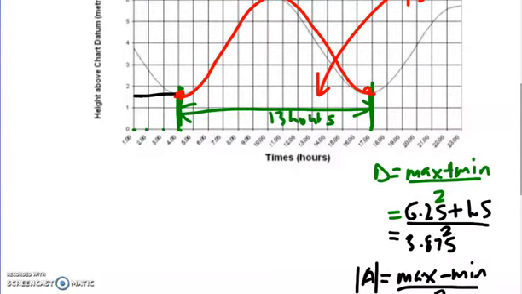So this will be my phase shift. So my phase shift is equal to 4.